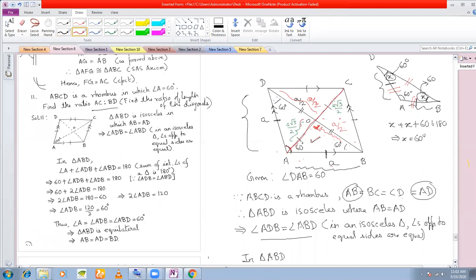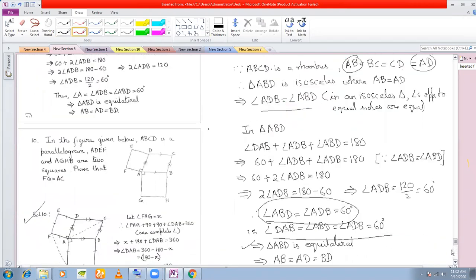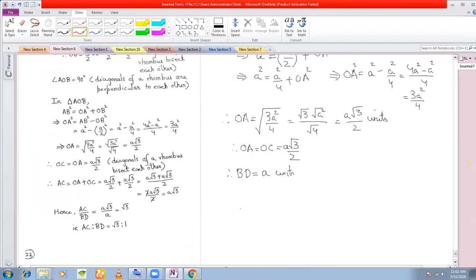It is twice of this length, isn't it? Twice of OA. Therefore, AC is twice of OA. And how much is OA we have found out? We have found out OA to be A root 3 by 2. You cancel this, you get A root 3.